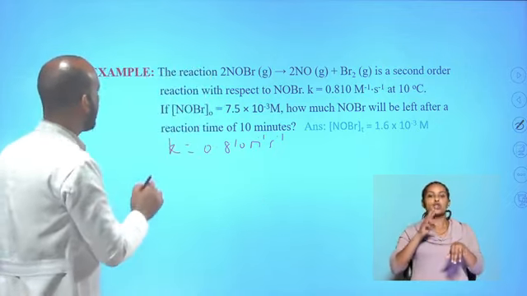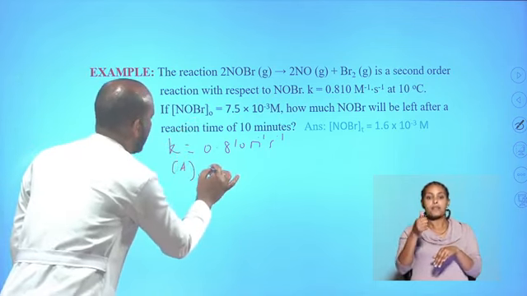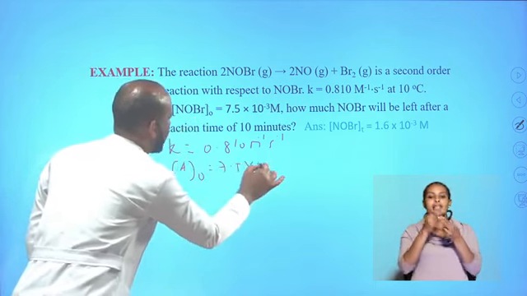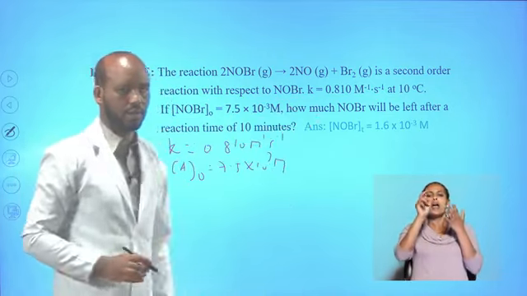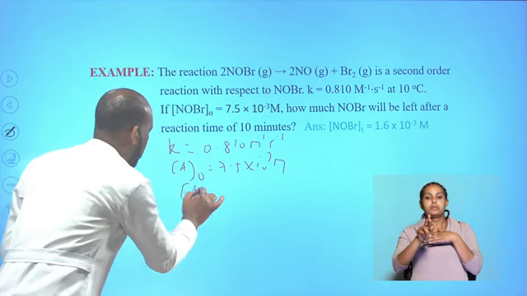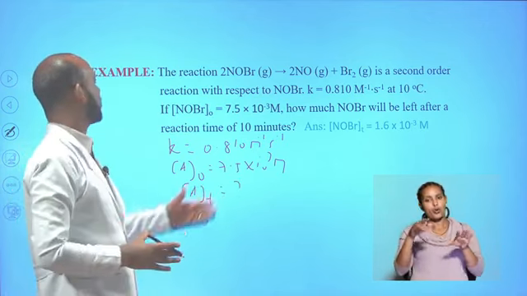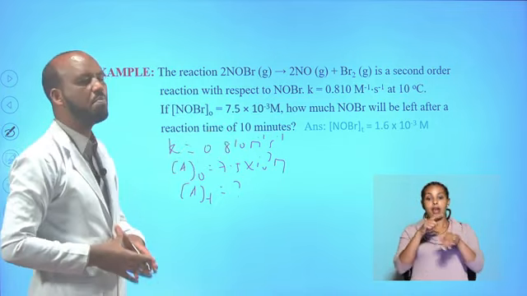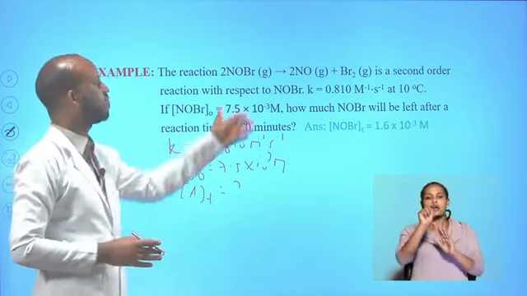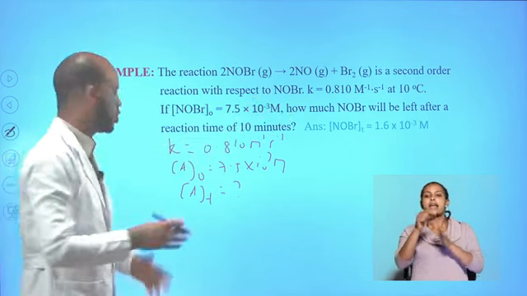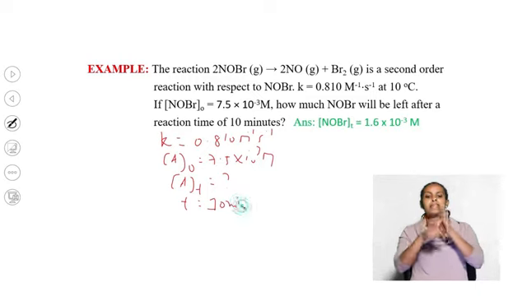The initial concentration of NOBr, A0, equals 7.5 times 10 to the power minus 3 molar. How much NOBr, the concentration of M at any time t, which is unknown, will be left after a reaction time of 10 minutes? What is the concentration of NOBr after 10 minutes? Time t is 10 minutes.